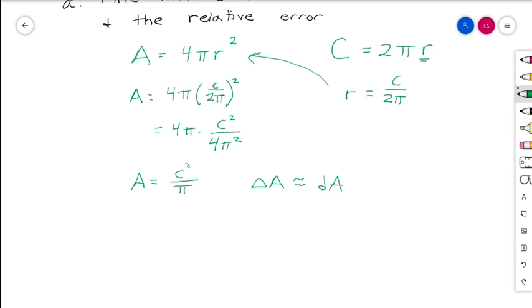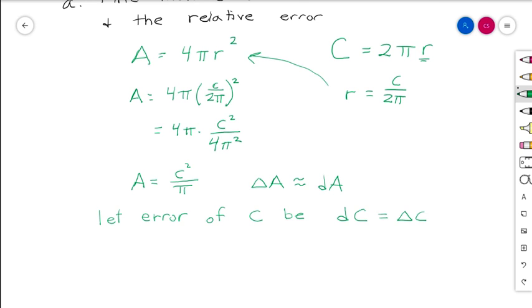So remember that the error of the circumference we can notate as delta C. Whoops, but it's not approximately. Delta C is exactly the differential of C.